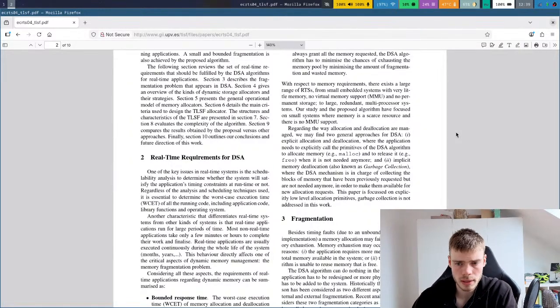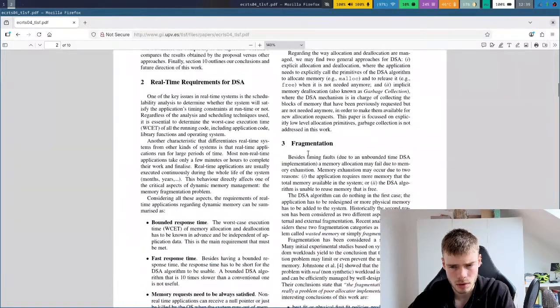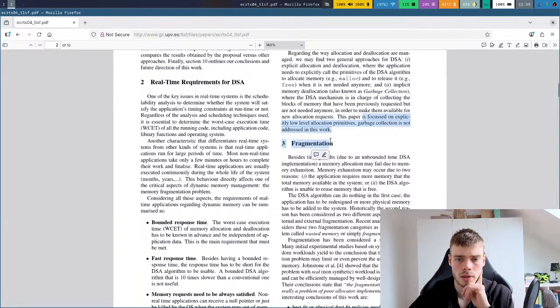And two, implicit memory deallocation, also known as garbage collection, where the DSA is in charge of collecting the blocks that have been previously requested but are no longer needed, to make them available for new allocation. The paper is focused on explicit low-level allocation primitives, not garbage collection.